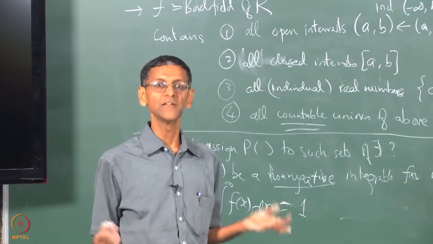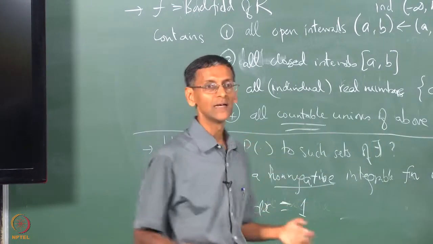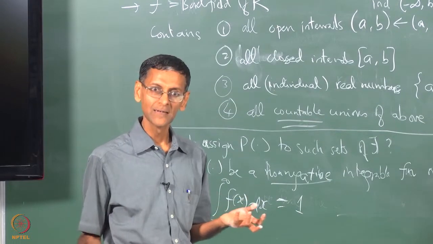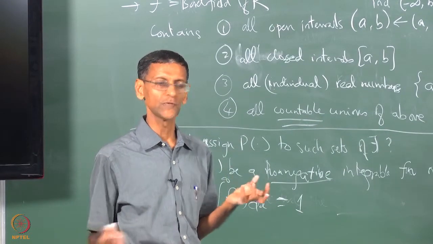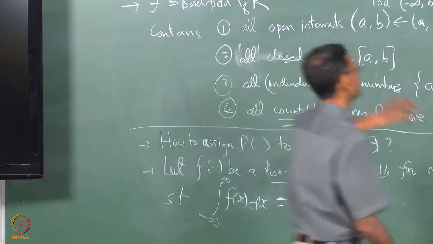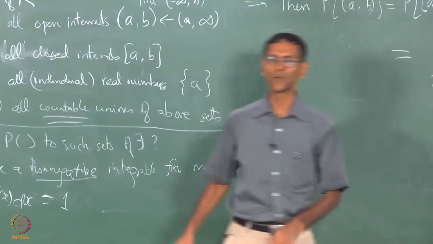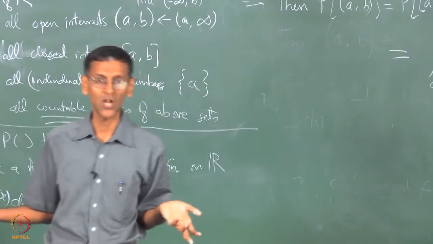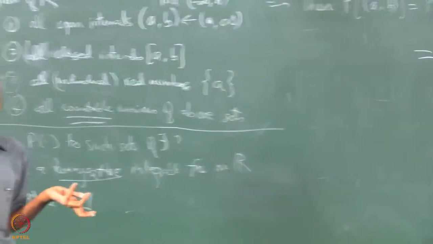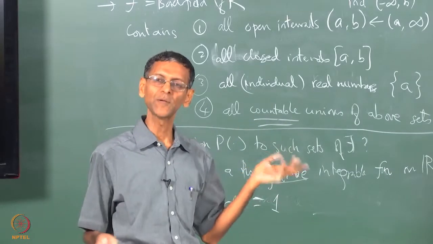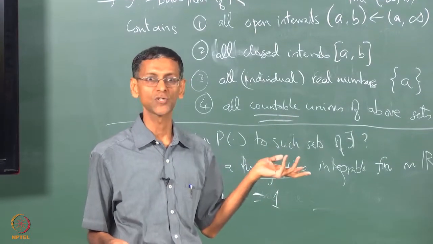But the integral is additive, right? If you integrate over AB and then integrate over CD, if you add, it's like integrating over the two intervals. Or supposing you say A to B and B to C, for example, it's the same as integrating from A to C, is it not? So the additivity property is automatically satisfied for disjoint intervals.